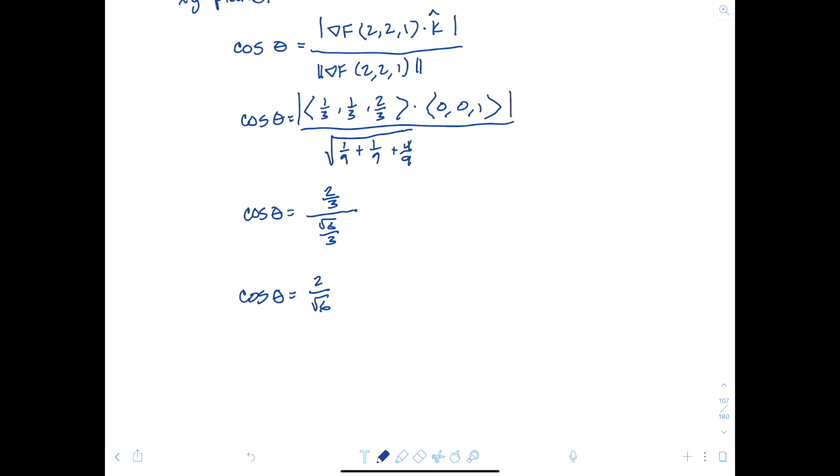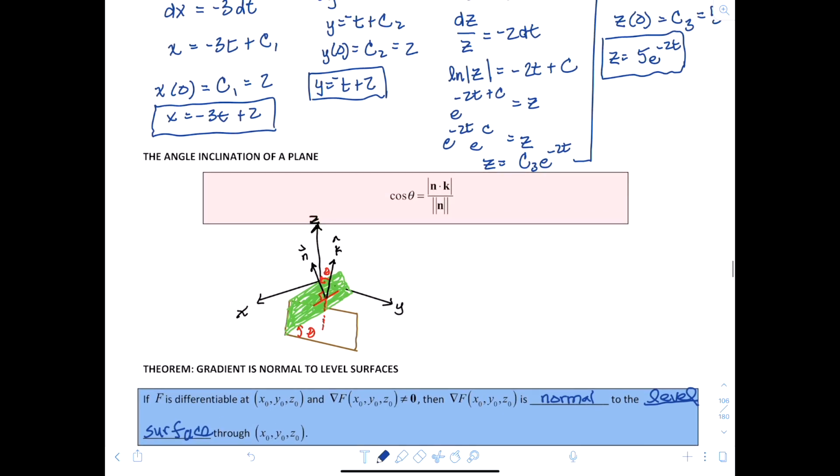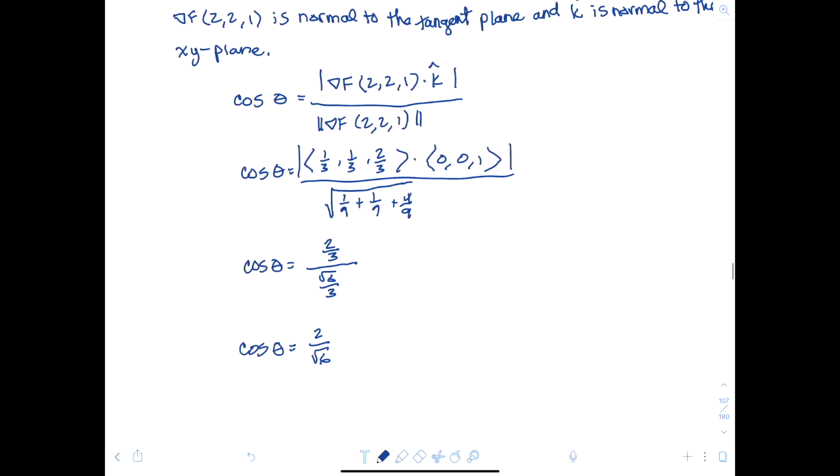And we would have the angle of inclination would be, let's figure that out.